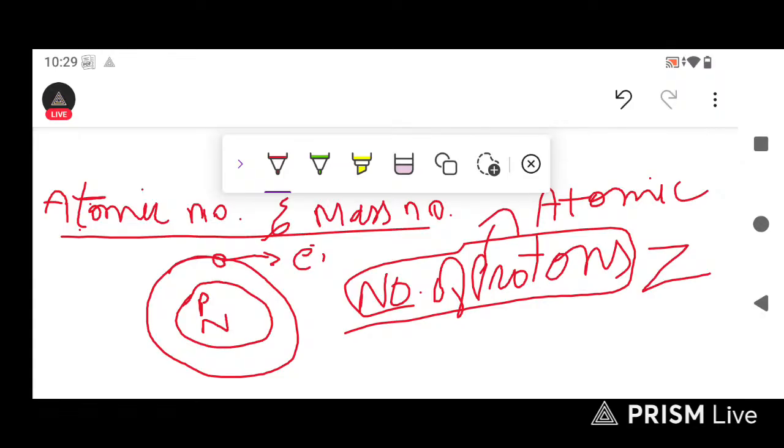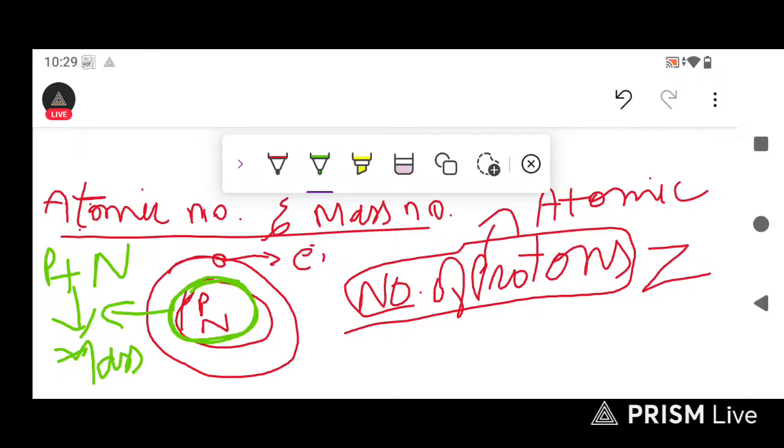So if we talk about mass number, mass number is the combination of protons and neutrons. Proton plus neutron, that is the mass number. It is also called the nucleon number because we talk about the whole nucleus.